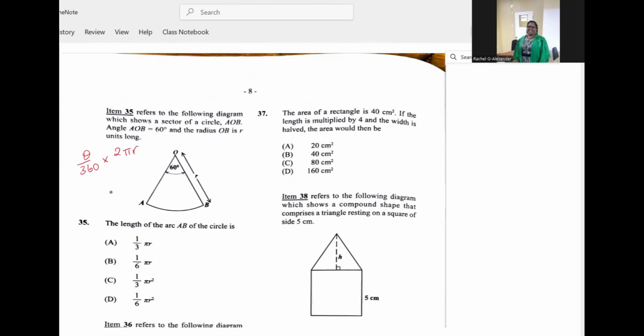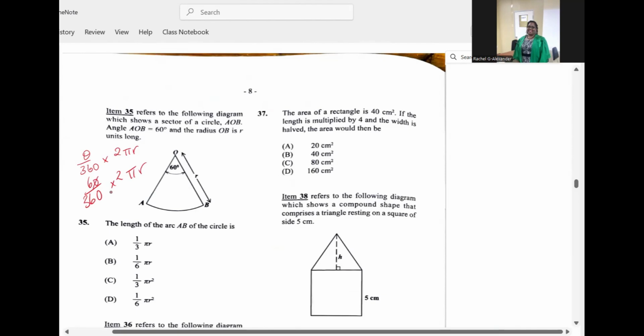So you see all the answers are in terms of pi and r. So the theta in this case will be 60. So you're crossing: 6 into 6, 1, 6 into 36, 6, and then 2 into 2, 1, 2 into 6, 3. So you'll end up with 1 over 3 pi r, and that is A.